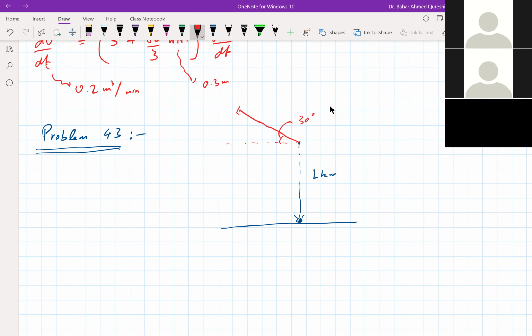Well, let me draw it this way. It hasn't shown me a direction, so it will be more intuitive to consider it this way. 30 degrees, and the speed is 300 kilometers per hour. At what rate is the distance from the plane to the radar station increasing a minute later?